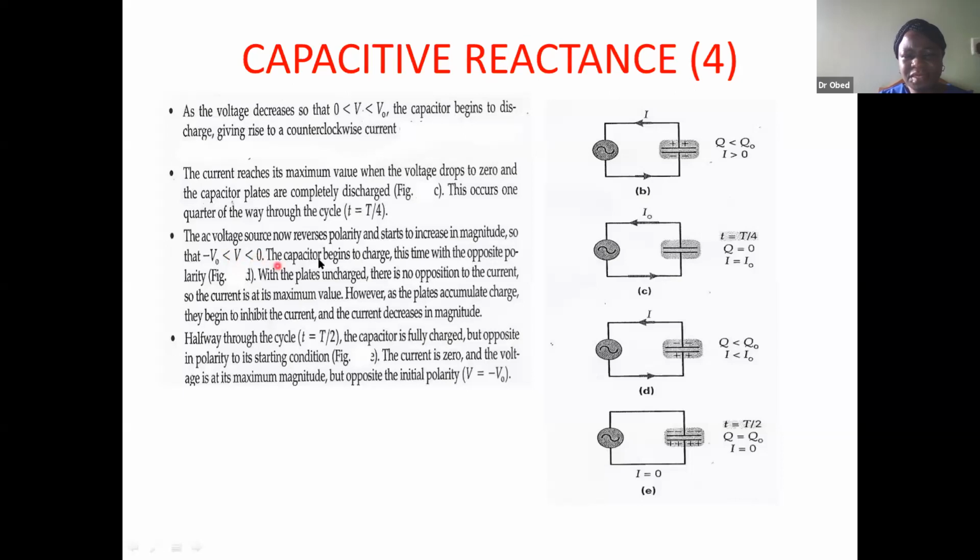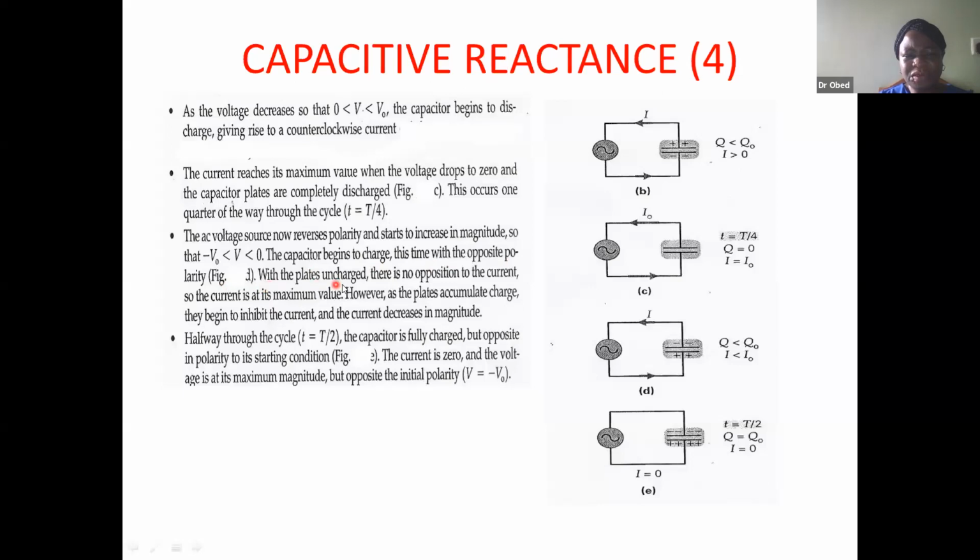The capacitor begins to charge again, but in the opposite direction. You can see the positive signs here and the negative signs here. The capacitor begins to charge, this time with the opposite polarity.